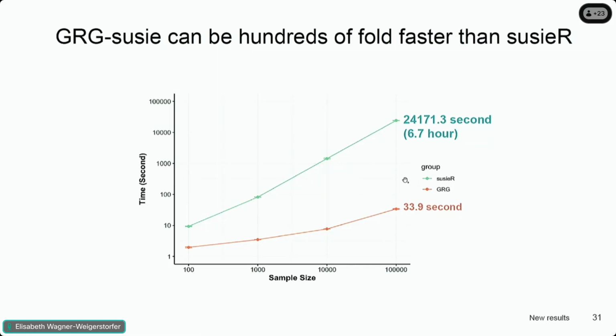In this particular setup, it would take more than 6 hours to run SuSiE, and it takes only 30 seconds to do the same thing and get almost exactly the same result with our approach. The minor difference is because we collapse exact LD into one regression, whereas with a genotype matrix, if you have complete LD, you would do 2 single regressions for these 2 signals.